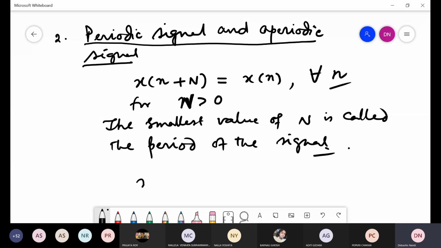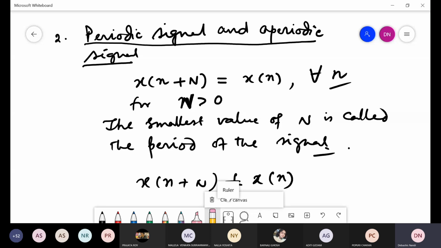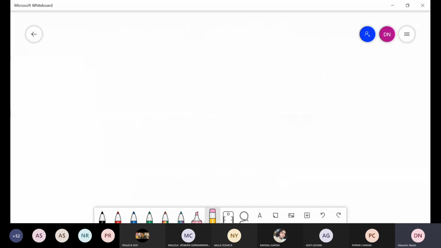And if you see that x[n plus N] is not equal to x[n], then I will call this signal an aperiodic signal.